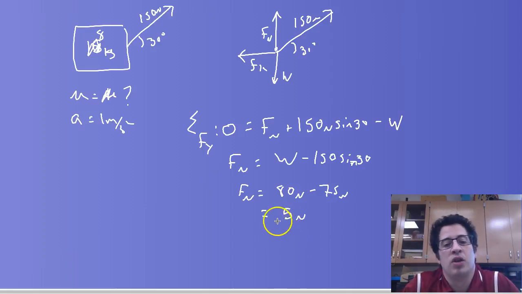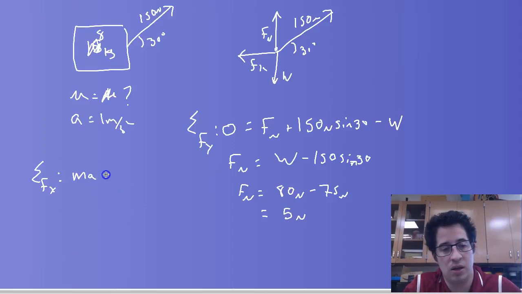As I said, making a mess of this problem already. Now we can do a net force equation for x. In the x direction, we're having acceleration, so we're going to say m times a equals, so we use ma here instead of 0 because it's accelerating. Now we're going to add those x forces. So we have kinetic friction and the x component of this pull, 150 cos 30. Now this is negative because it's pulling backwards, going the opposite way.